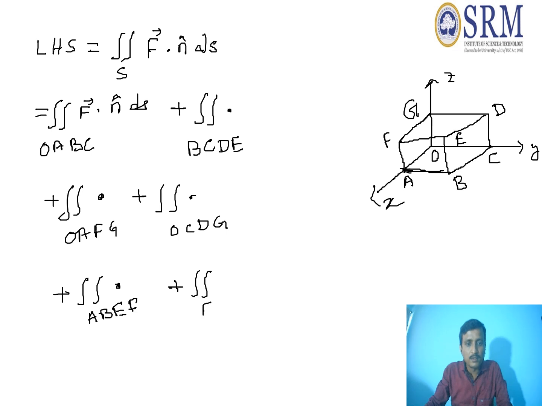So EFGT, and this one F dot n dS. That means these six surface integrations you have to do.